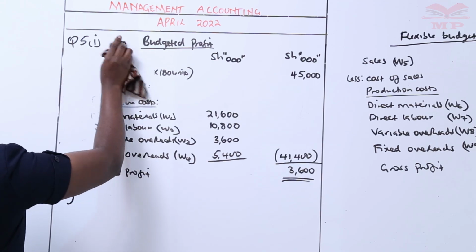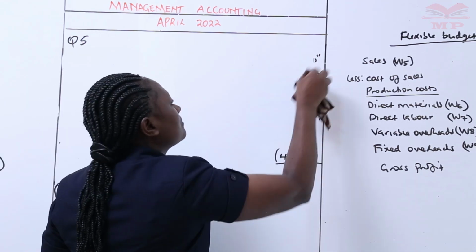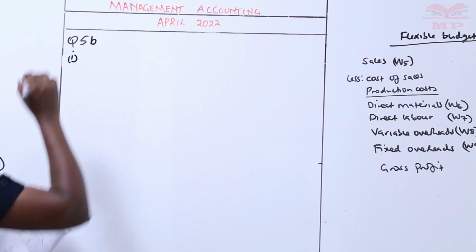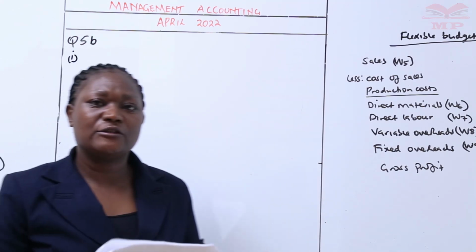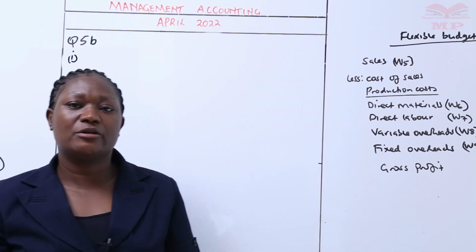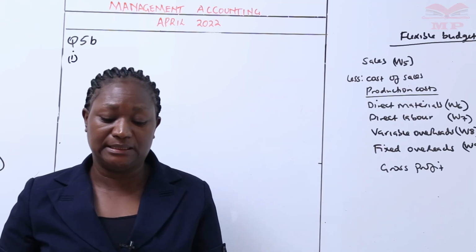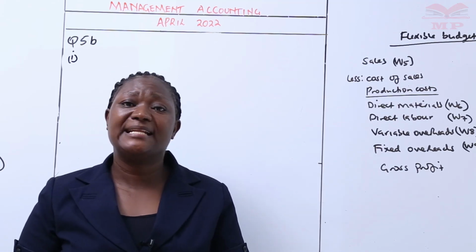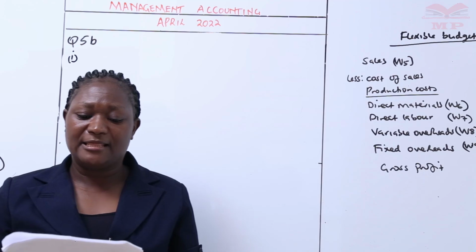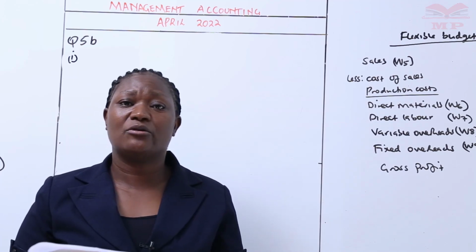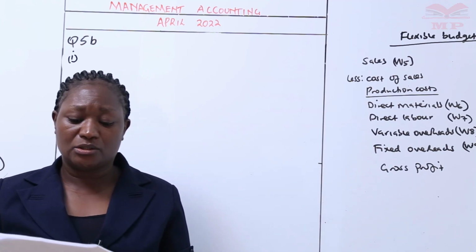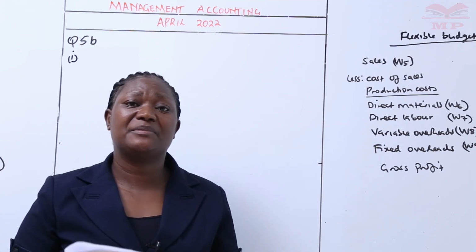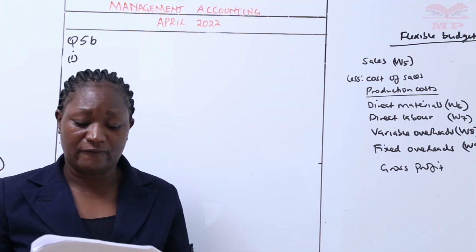Can we see this, please? So the question is from application of marginal costing, where we have short-run decisions. And this decision is acceptance or rejection of an offer. So how do we apply acceptance or rejection of an offer?